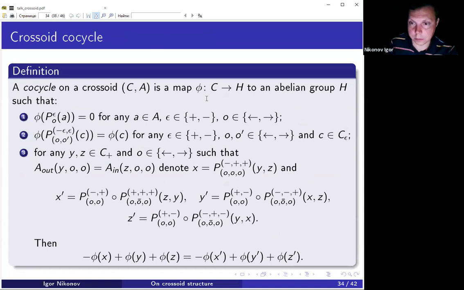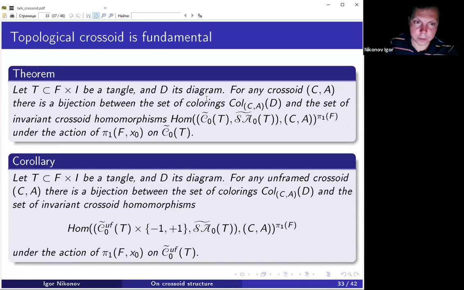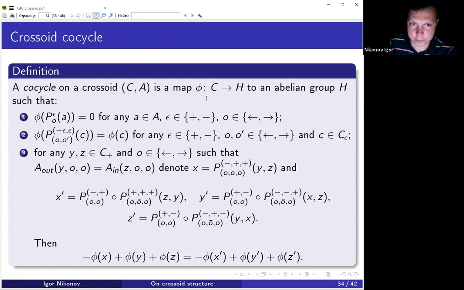And we may define: if we have a finite crossoid, then the number of currents is an invariant, but we may also consider an enhancement of this invariant, the cocycle of a crossoid. We should take some abelian group and consider maps from the covers to these groups, and we impose some relations on this map.